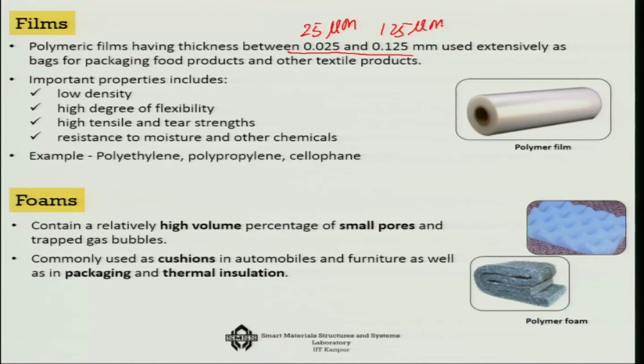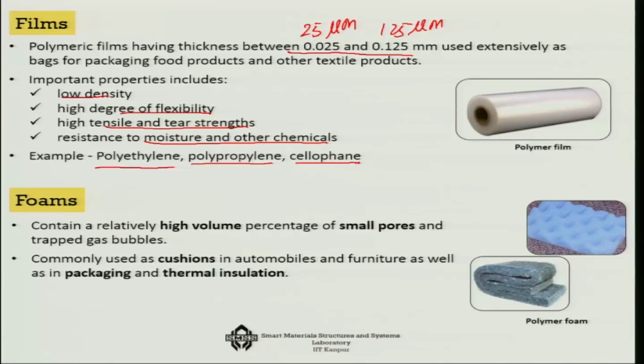Their important properties are low density, high degree of flexibility, high tensile and tear strength, and resistance to moisture and other chemicals. That is why we generally wrap food in them. Examples are polyethylene wrapper, polypropylene, cellophane, etc. So that is one group of polymers mostly used as films.